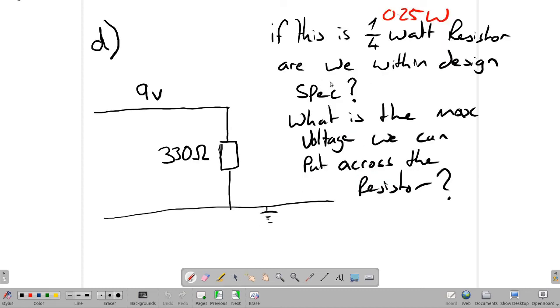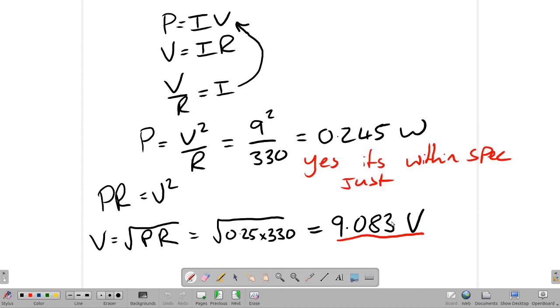So what we've done is we've confirmed that it's just about within design spec, and we could increase this by about 83 millivolts to take it to the maximum rated power.